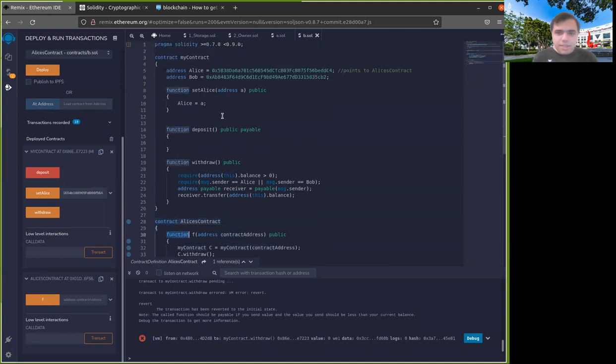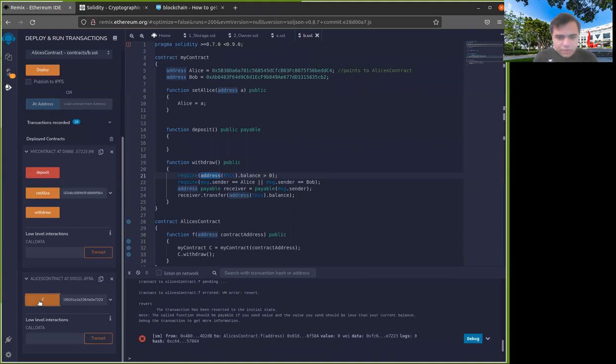This contract can now call this one. And it makes sense because the message sender will be this contract, which is Alice. And then this contract can basically get money from this. So if I just call this F function, I have to, of course, give it the address of the other contract. So I just copy the address of the other contract, put it here, and I call the F function.